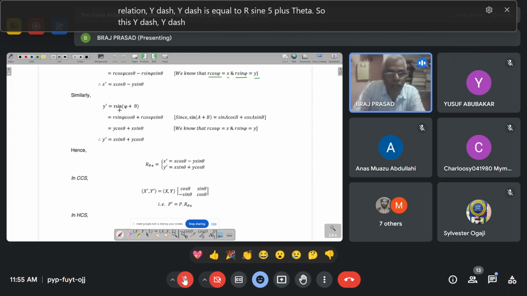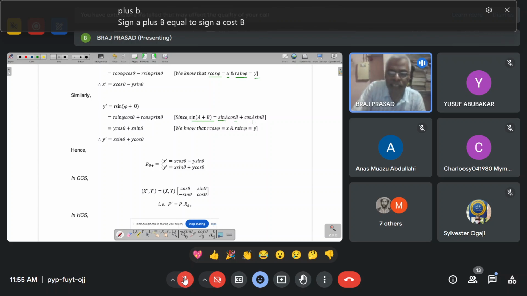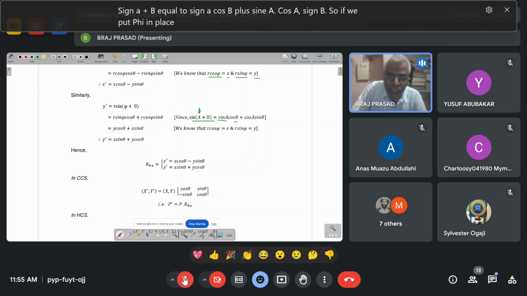So y dash is equal to r sin(phi plus theta), and we know sin(a plus b) equals sin a cos b plus cos a sin b. So if we put phi in place of a and theta in place of b, then it becomes sin phi cos theta plus cos phi sin theta.